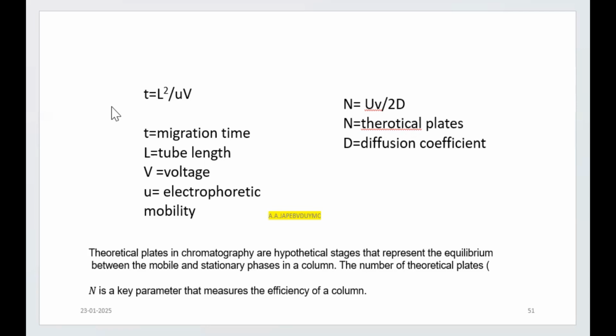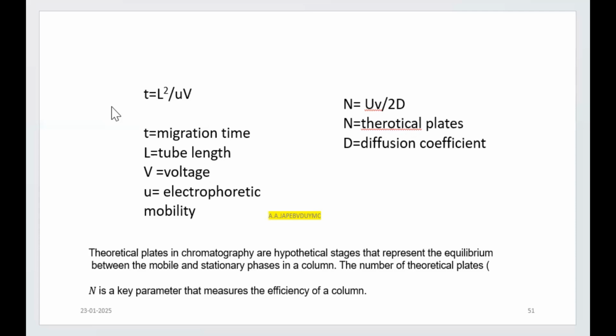Even in electrophoresis you have both a mobile zone and a stationary zone. The gel matrix is the stationary zone and buffer is the mobile zone. Similarly here, when we talk about the distribution of the analyte between the two zones, mobile phase and stationary phase, it is going to reach equilibrium. So the equilibrium between the mobile and stationary phase distribution of the analyte in the column is described in terms of theoretical plates.